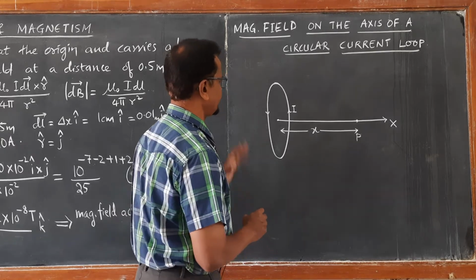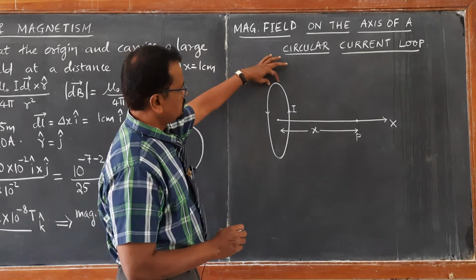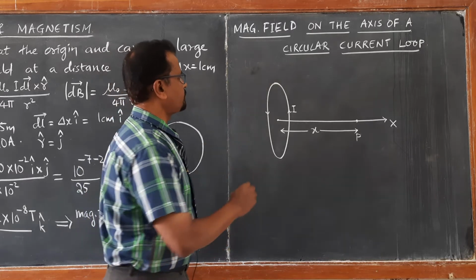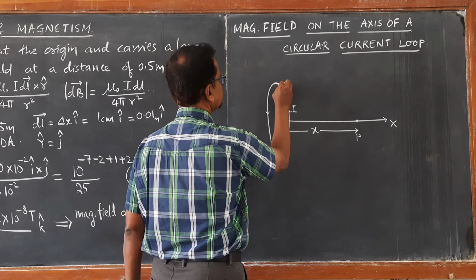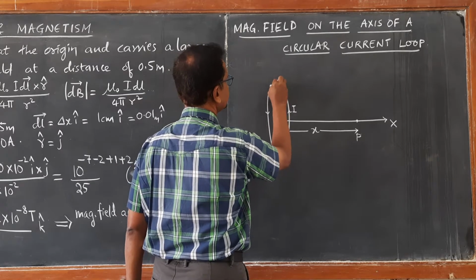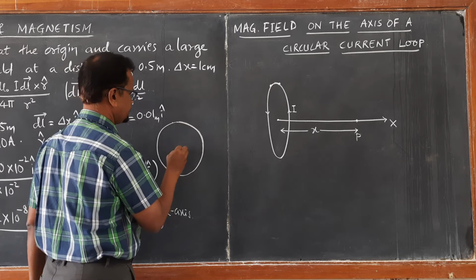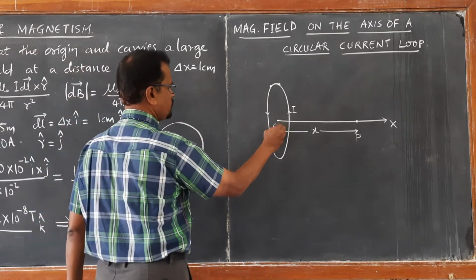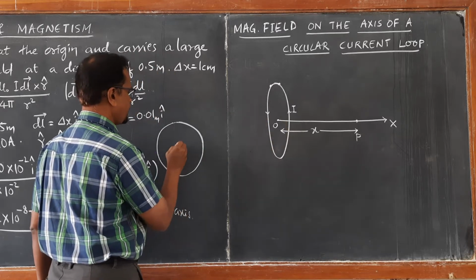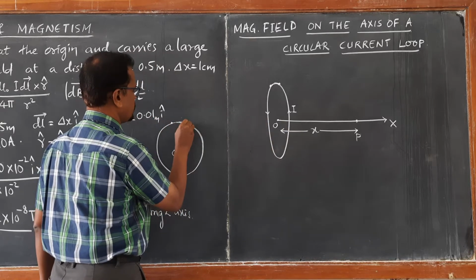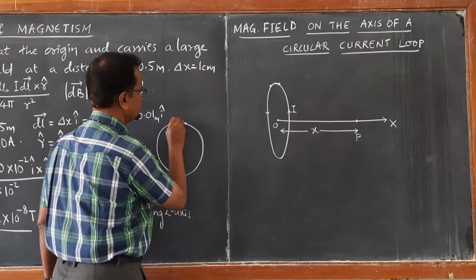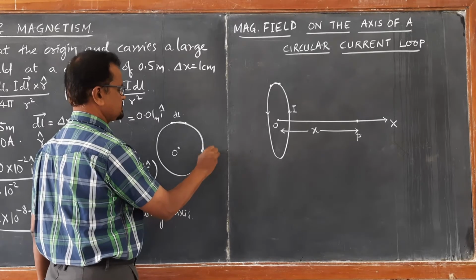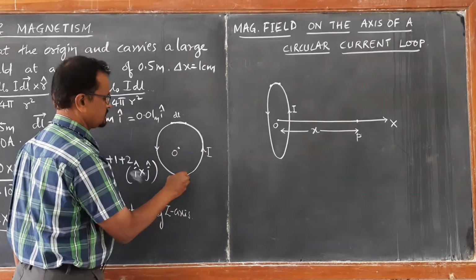So for this we consider an element at the top, an element of length dl. Here it looks like this. If I choose this one as the center, this is the center O. So I am choosing one small element of length dl, and in this case the current is in the anticlockwise sense, right?